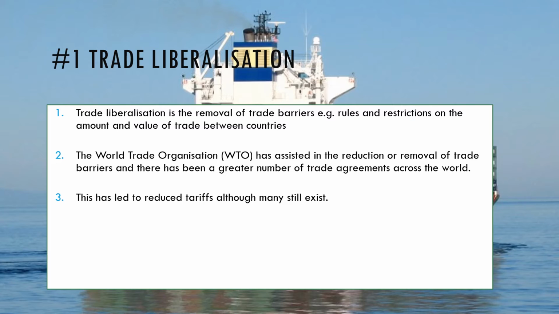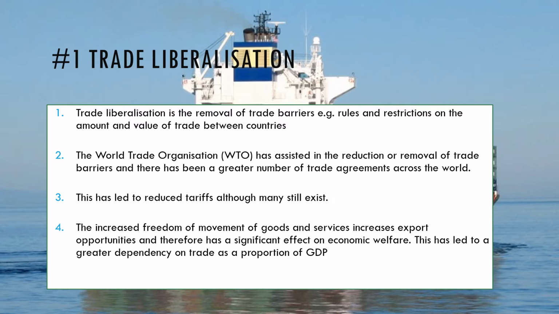This has led to reduced tariffs, and a tariff is a tax on imports, although there are still many hurdles to overcome, as a lot of tariffs do still exist, and there are still some quotas and restrictions on trade.